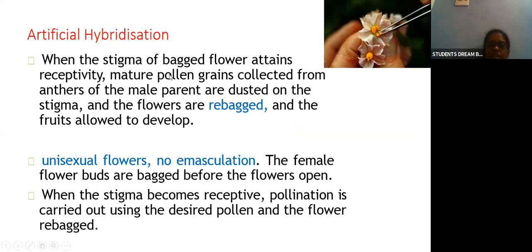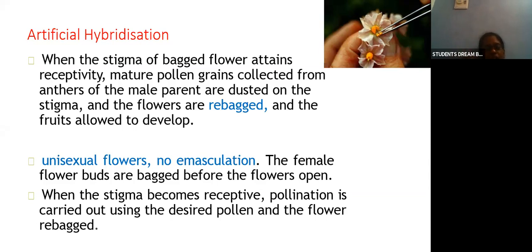When the stigma of the bagged flower attains receptivity, mature pollen grains will be collected from the anther of the male plant and dusted on the stigma. Artificially, once receptivity is attained, we collect the anthers of the male parent and dust them on the stigma.